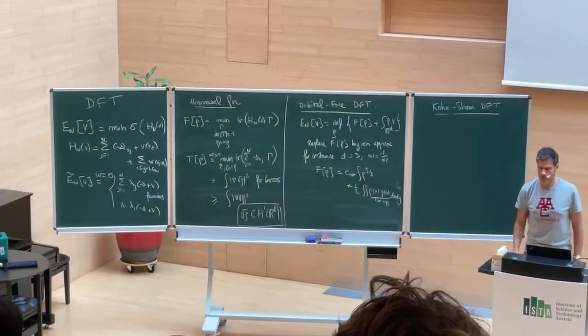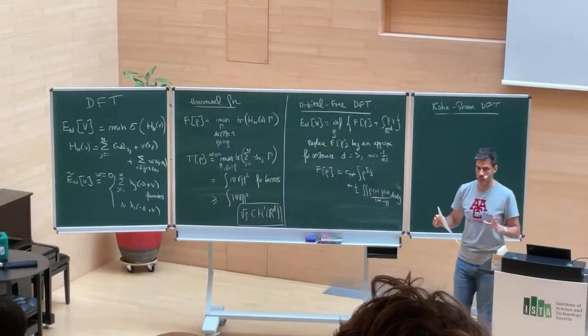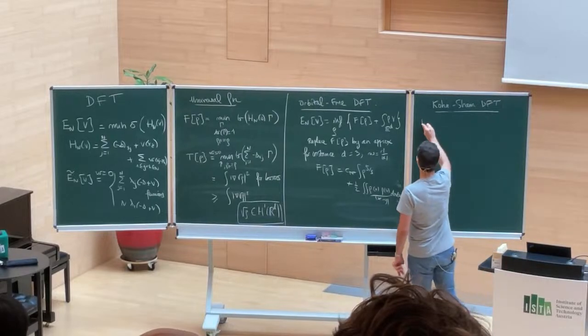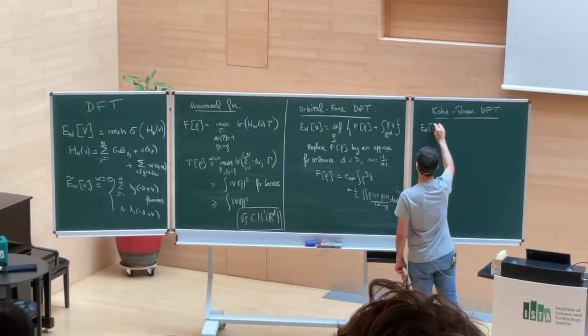So Kohn-Sham DFT is different because you really want to think of a non-interacting problem. And the way to introduce the non-interacting problem was to write E of V in a different way.